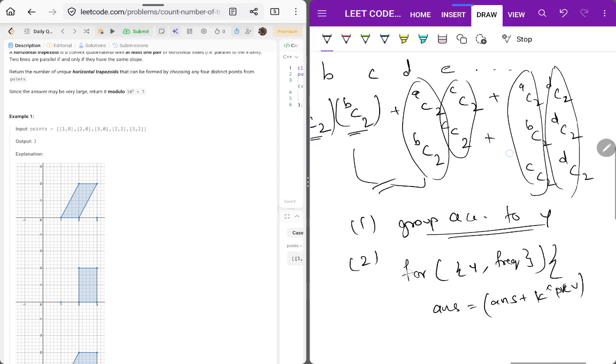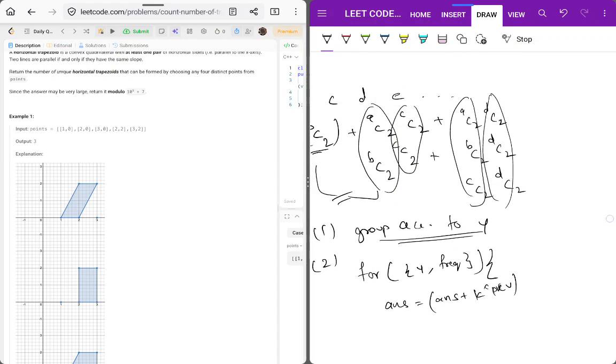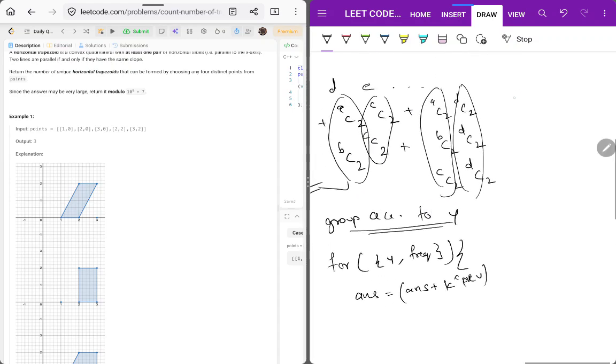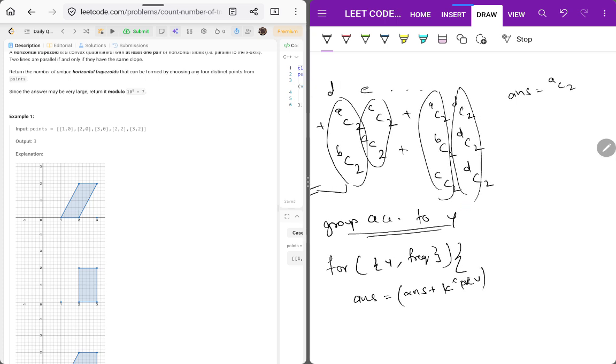How did we arrive over here? Look, what is previous, what is k? Suppose we have answer and k computed for AC2.